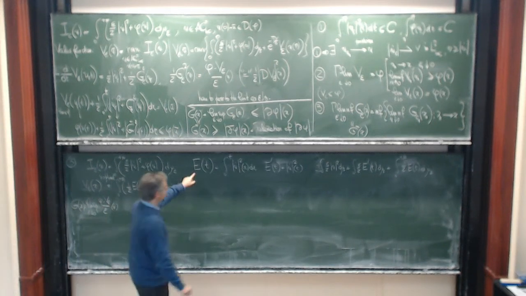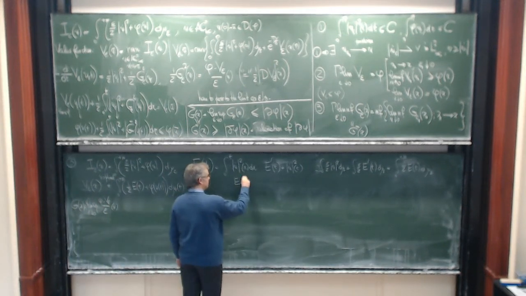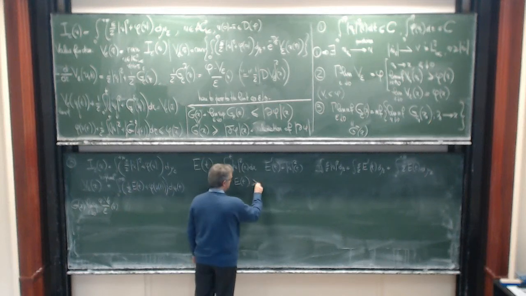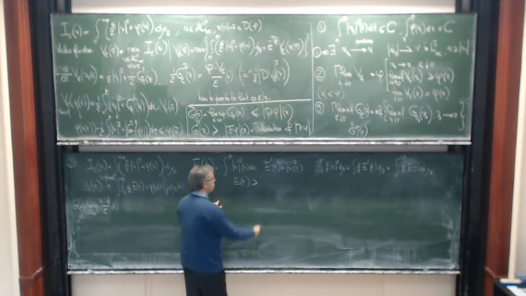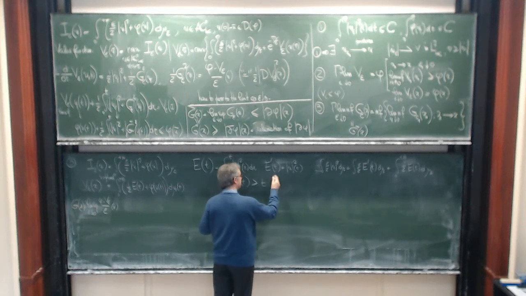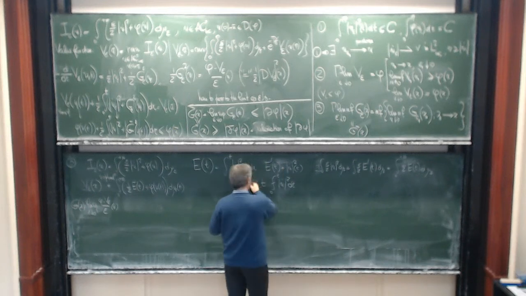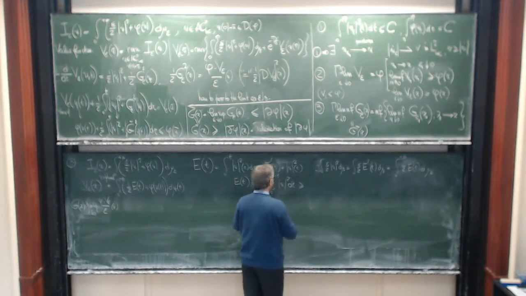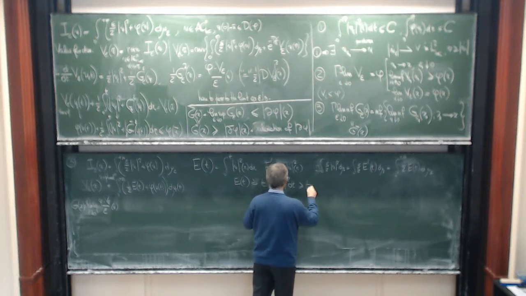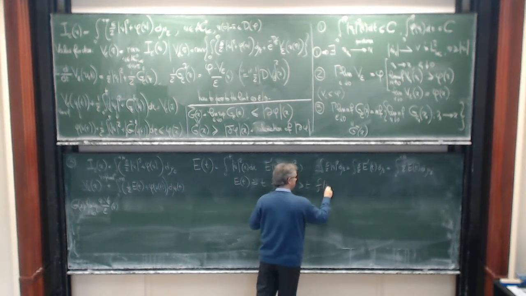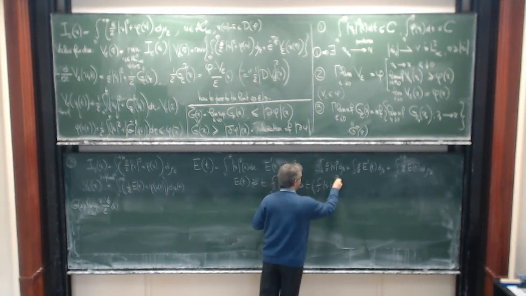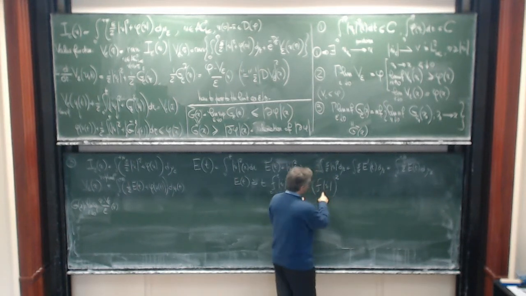And then I observe that E(t), the energy, by the Hölder inequality, is always bigger than t multiplied by the mean value from 0 to t of u dot square. Then you use Jensen, and you get that this is bounded from below by t times the square of the mean value of u dot, and this mean value of u dot is always bigger than the distance.